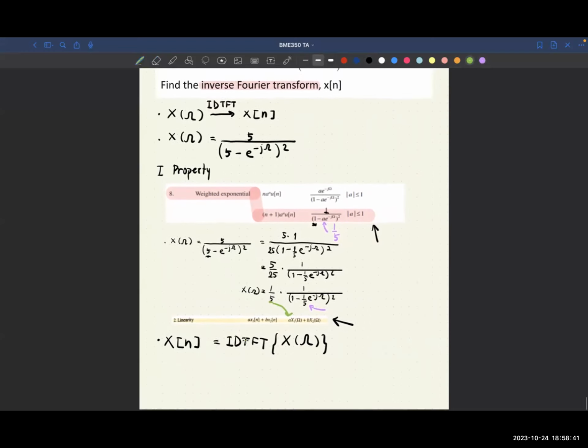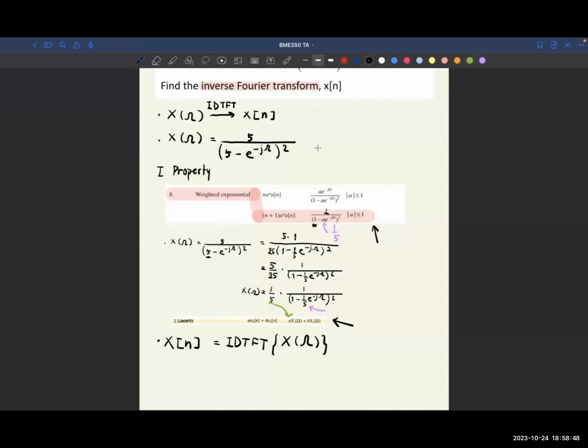If I merge all of my properties together, I expect to get something that looks like n plus 1, a to the power of n, u[n], and that's for just the weighted exponential.